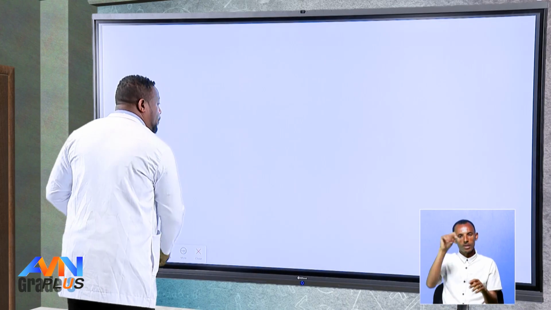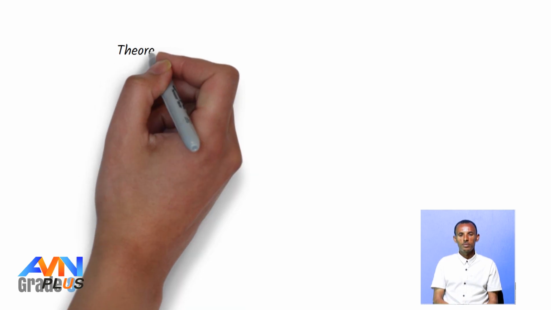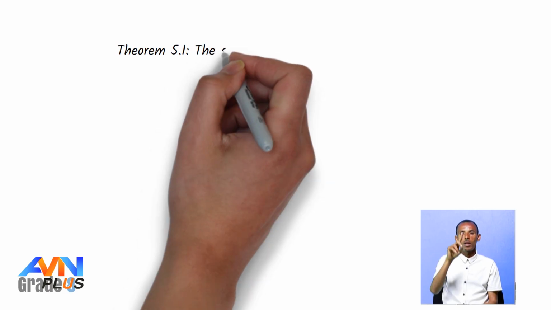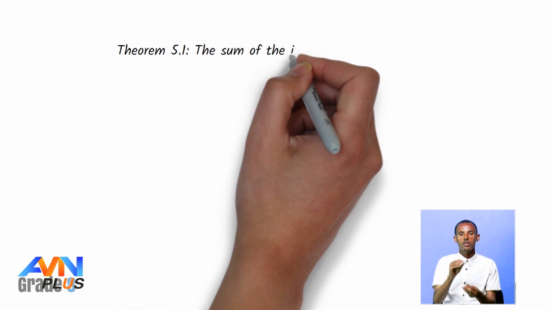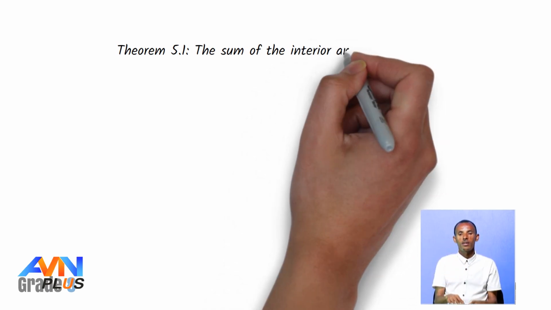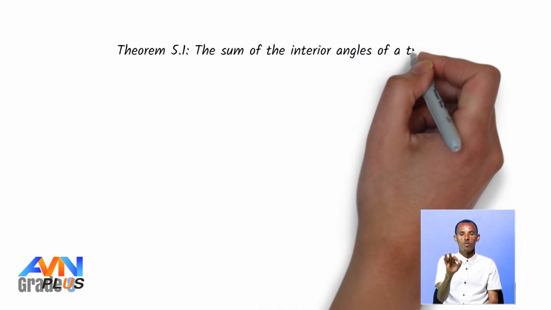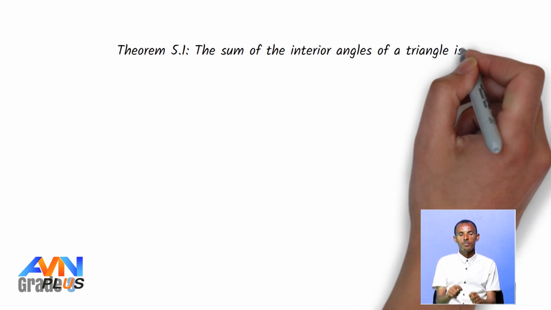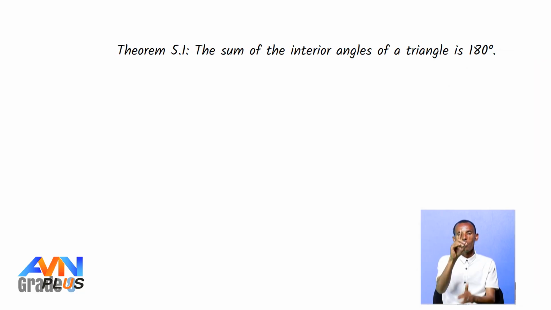Theorem 5.1 tells us the sum of the interior angles of a triangle is 180 degrees, right?